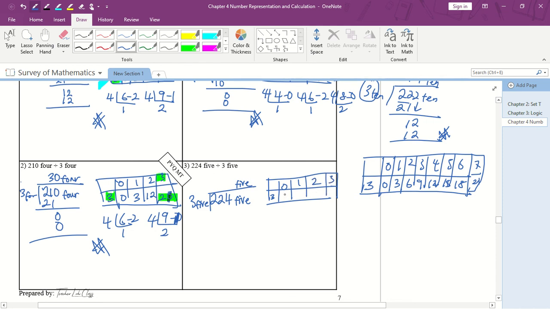So 0 times 3 is 0. 1 times 3 is 3. 2 times 3 is 6, but when you change to base 5, it becomes 1, 1. And 3 times 3 becomes 9. We need to change to base 5, it would be 1, 4. But you can notice, right?